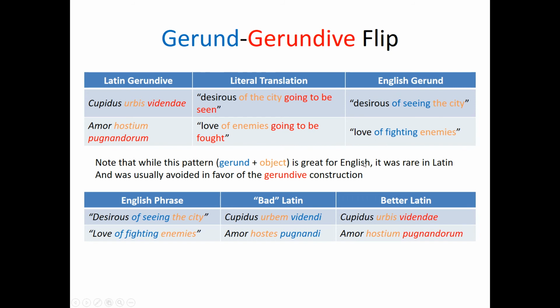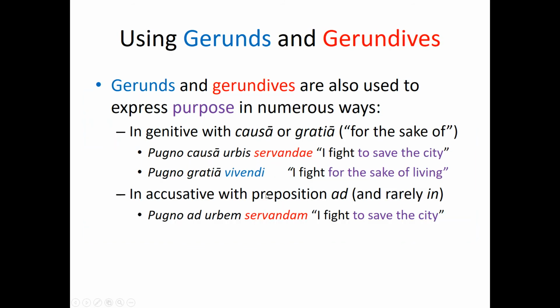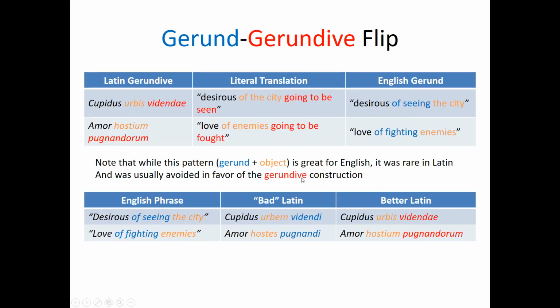So it's difficult because this is technically possible in Latin, but it's not something that would actually occur. Whereas it would be great because that's exactly the way that we think in English. But in Latin, this is what they would prefer to write. They would prefer to use a gerundive expression. So instead, if you see a gerundive expression like this, and it's not in a periphrastic expression, then what you need to do is do a gerund-gerundive flip and change it into an English gerund.